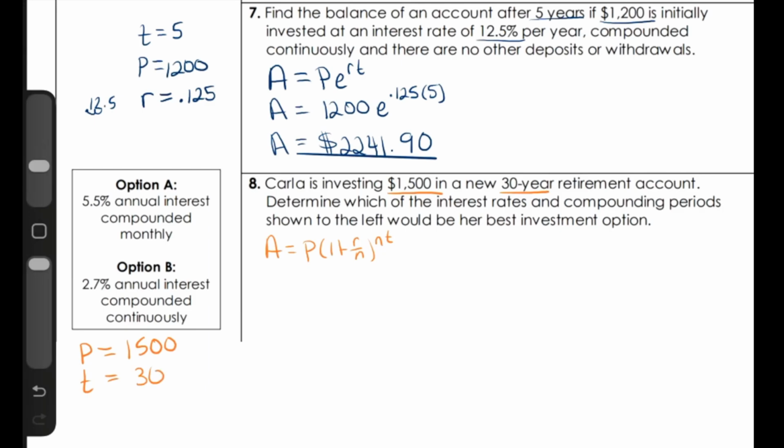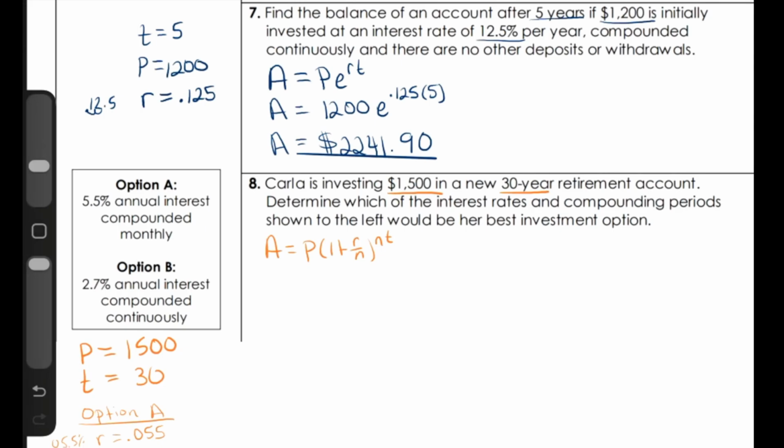Now, for option A, we are going to have a rate. Option A will give us a rate equal to 5.5%, which is really 0.055. And this is going to be compounded monthly, so we will have an n equal to 12 in this case.